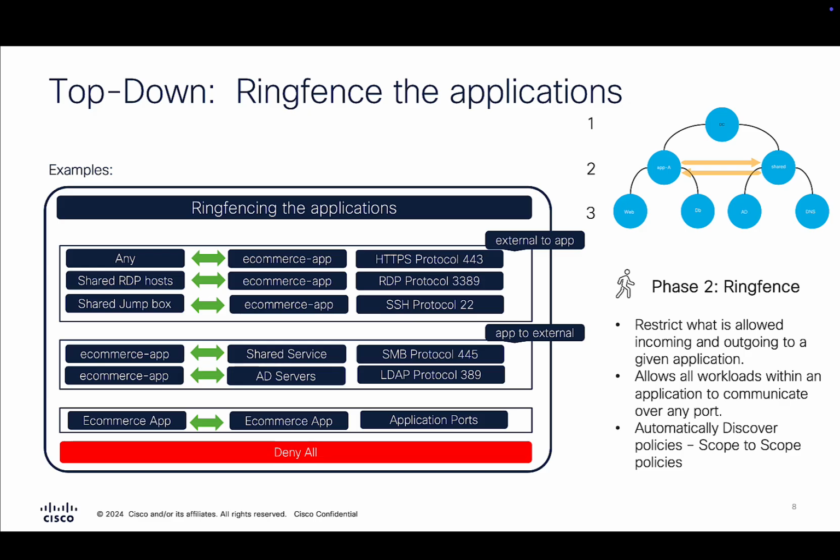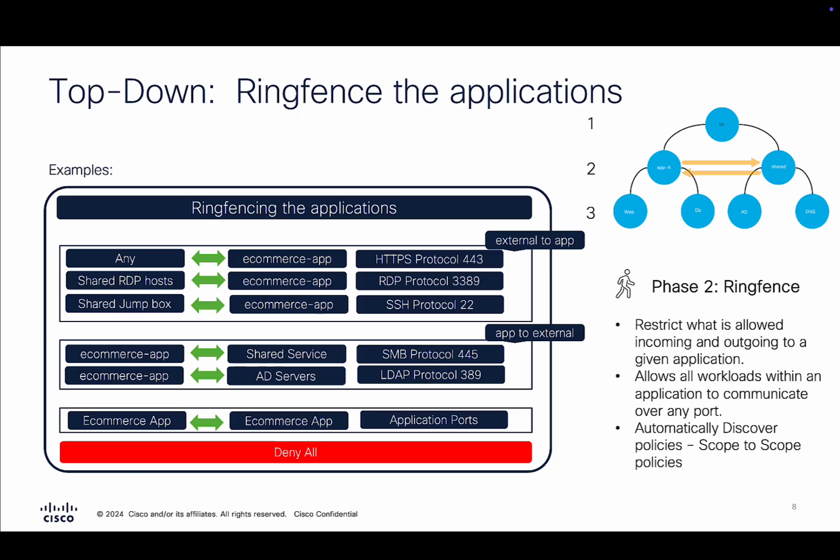And lastly, within the bucket or within the scope of that individual application, all the workloads are allowed to talk to each other freely. You could lock it down to a specific set of ports. If you don't want to, that's fine. You can allow free flow communication between that group of application workloads, and that is acceptable because you have already reduced the risk by many fold by getting it to this level of segmentation.